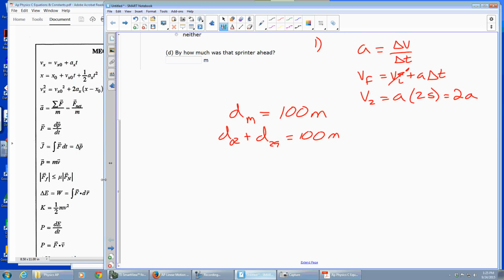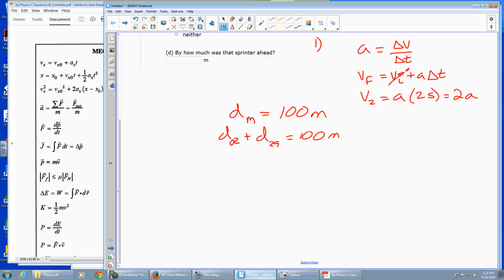In here, for the first 2 seconds, I don't need to worry about the initial positions because these are actually distances, not displacements. Her initial velocity for the 0 to 2 seconds part is 0, right? So that takes out that whole term.